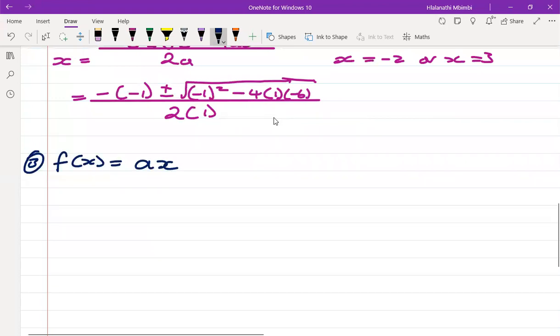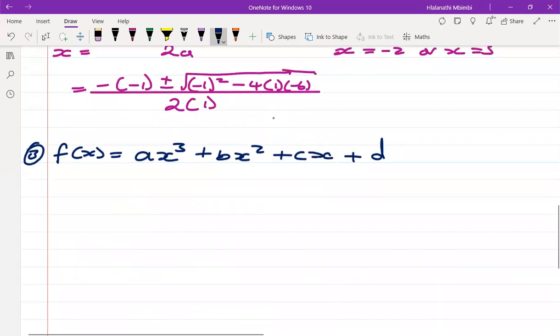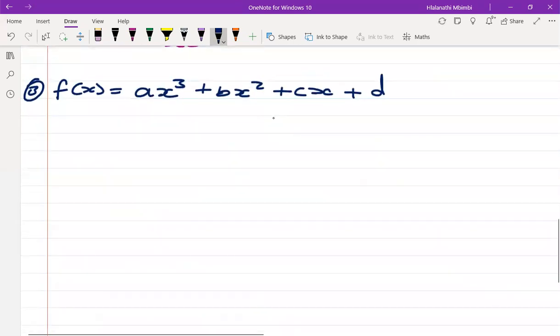Someone gives you ax cubed plus bx squared plus cx plus d. I'll talk further about this maybe in tomorrow's class, but today we're just going to be factorizing it. Maybe I might talk further, because this class is long.